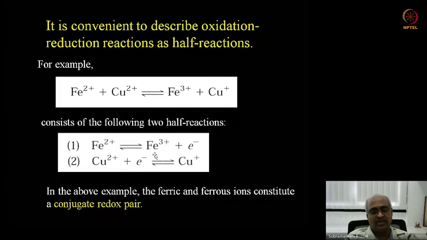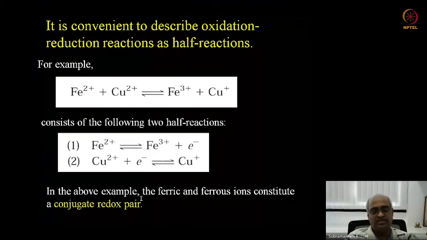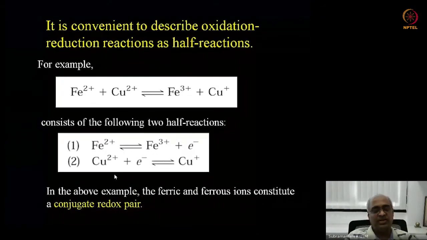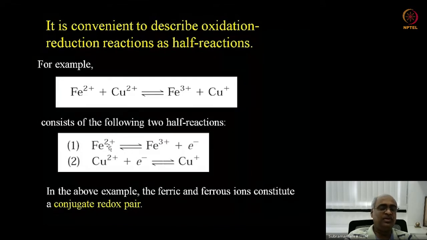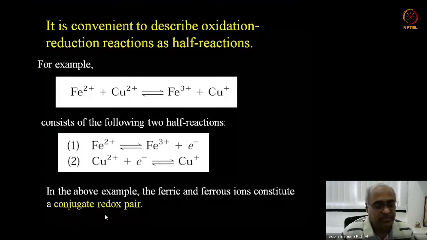If there is a concomitant loss or acceptance of a proton, that's a different story. Here the naming is purely centered on whether a given species loses or accepts an electron. The donor and acceptor of electrons form a redox pair. So that is how the conjugate acid-base pair is different from a redox pair.